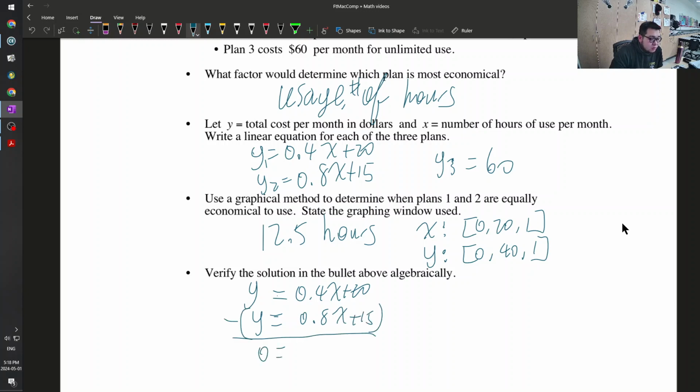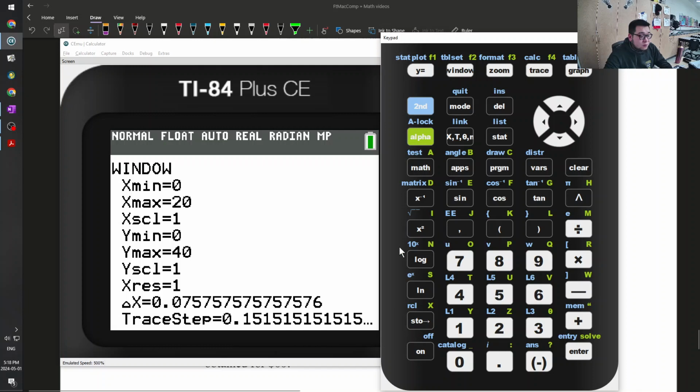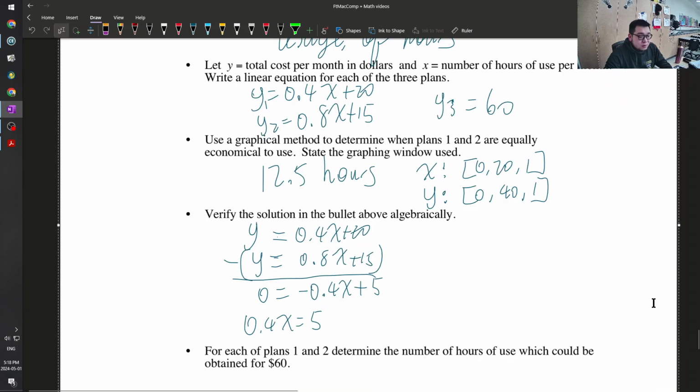We get 0 is equal to negative 0.4x plus 5. Add 0.4x to both sides. We get 0.4x is equal to 5. Divide both sides by 0.4. Okay, 5 divided by 0.4 is equal to 12.5. Okay, checks out.